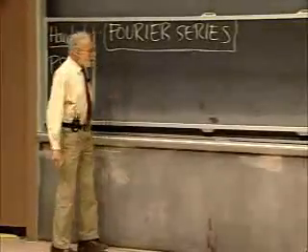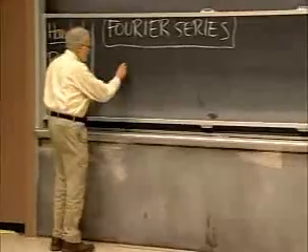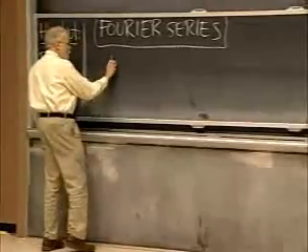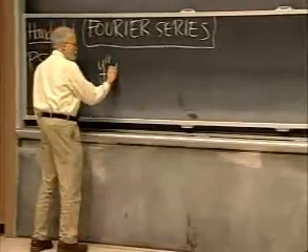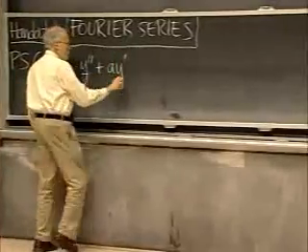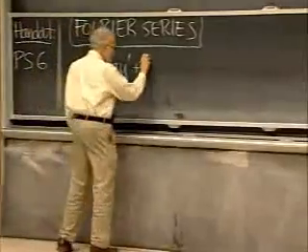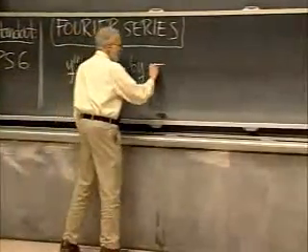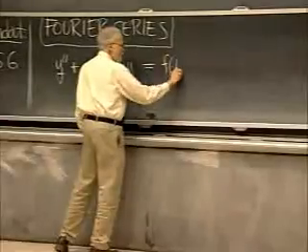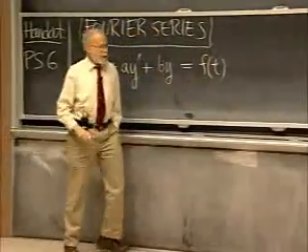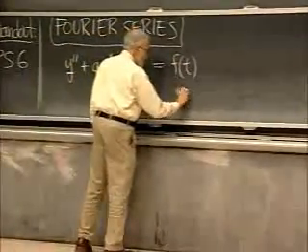So the situation up to now is that we've been trying to solve equations of the form y double prime plus a y prime, constant coefficients, second order equations, and the f of t was the input. So we're considering inhomogeneous equations. This is the input.